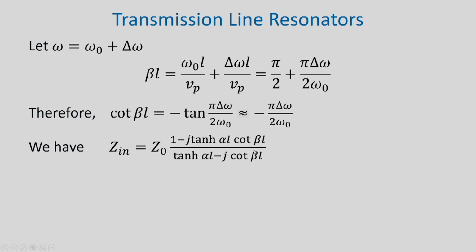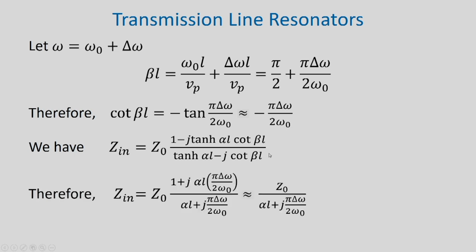So, once we do that, we get Z in to be equal to Z naught times 1 plus j alpha L pi delta omega by 2 omega naught.